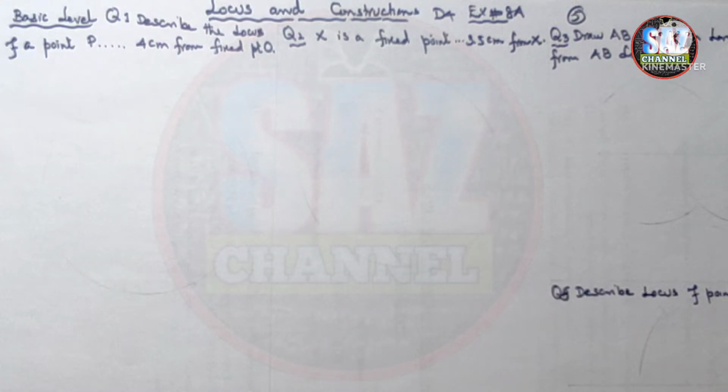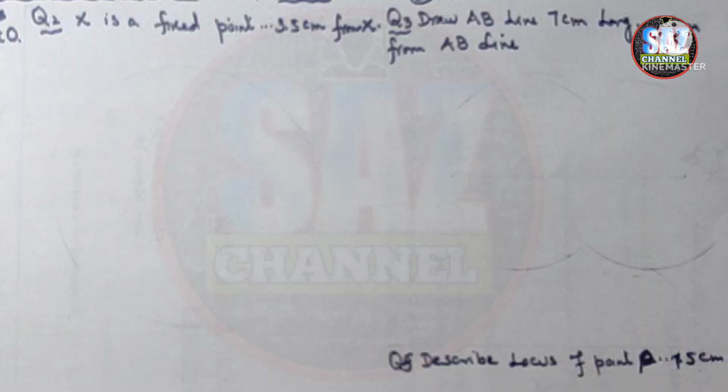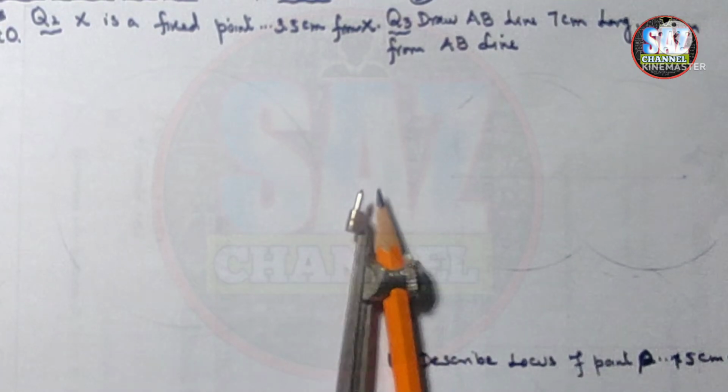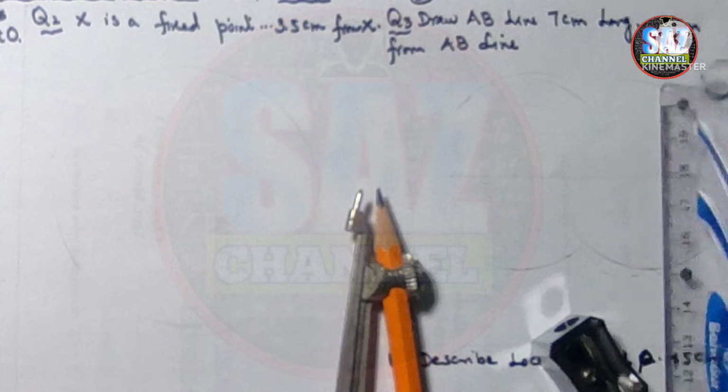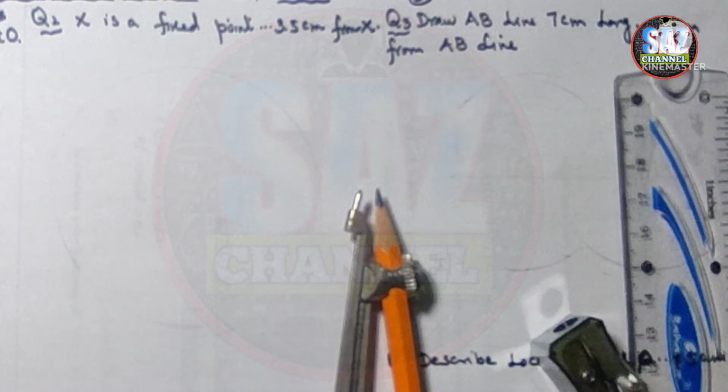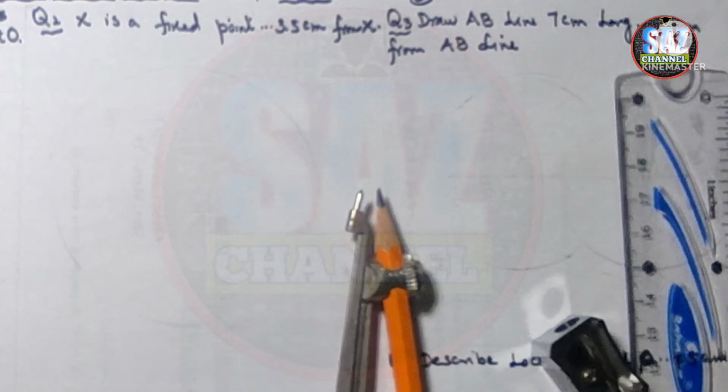So, it means that in order to construct this locus, we have to draw the circle of radius 4 centimeter. The materials that you will be needing are a compass with a sharpened pencil, an eraser and sharpener, a ruler and the protractor.